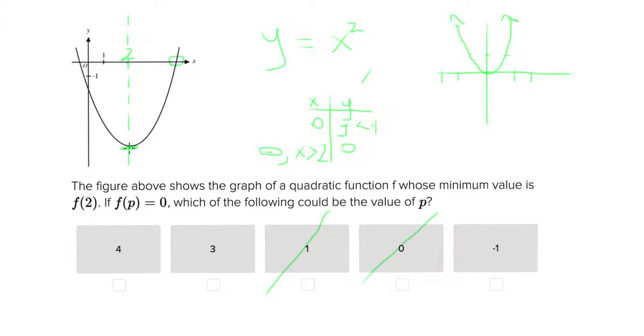So if at 2 it is at its lowest value, we're going to say that at 3 it's going to be some higher value of y that's going to be equal to what it is at 1. And we know that a p-value of 1 doesn't give you a y value of 0.